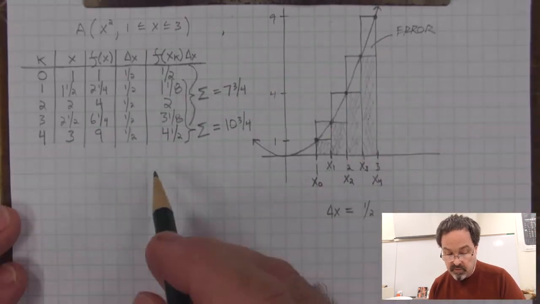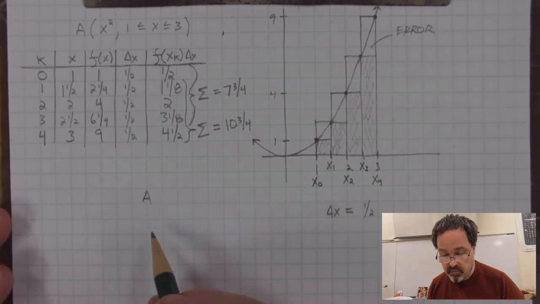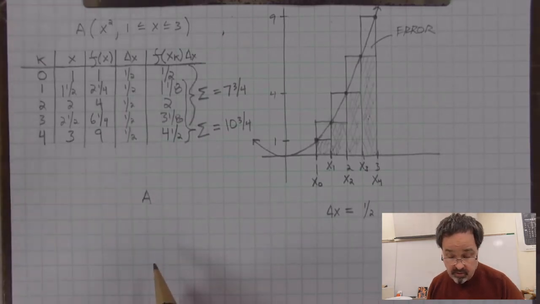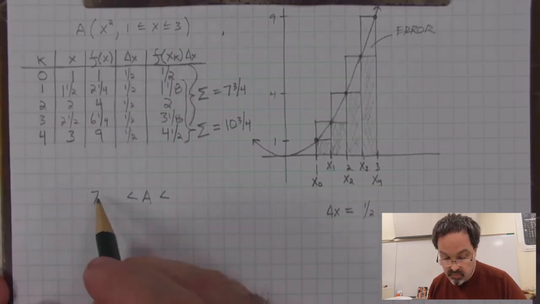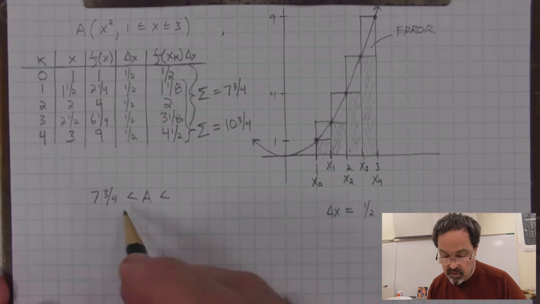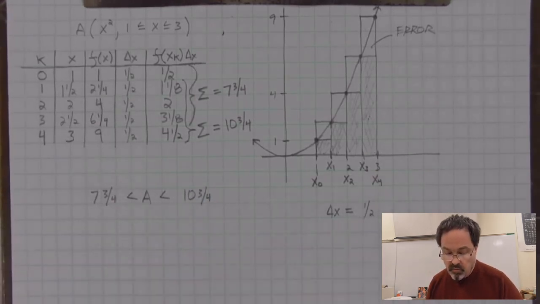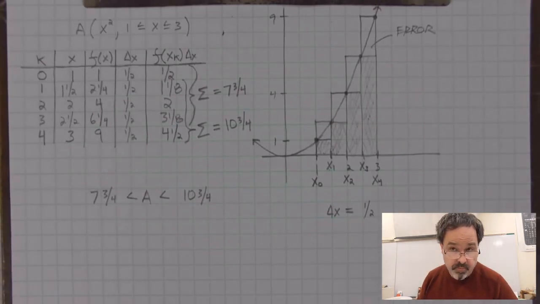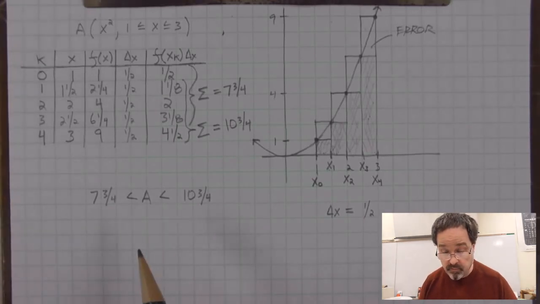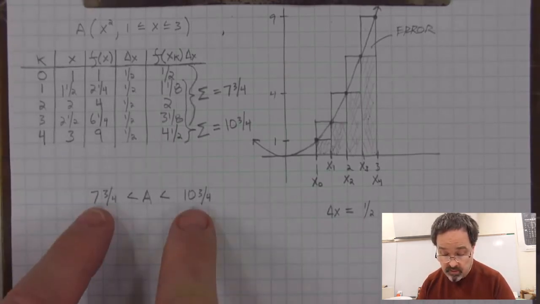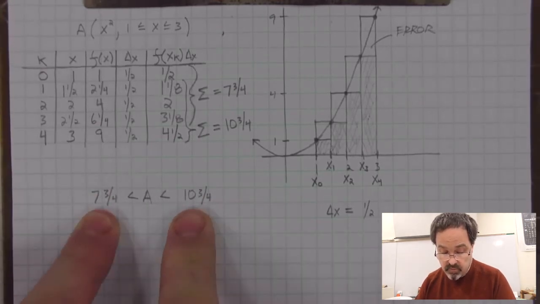And with these 2 estimates, we can produce a double inequality that puts the exact area A in between the underestimate, in this case of 7 3/4, and the overestimate of 10 3/4. We don't know what the exact area is. The exact area is only symbolized by a capital A, but we know for certain that it is in between or within the range of 7 3/4 and 10 3/4.